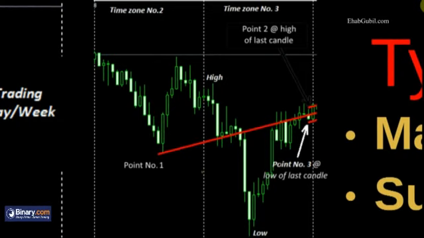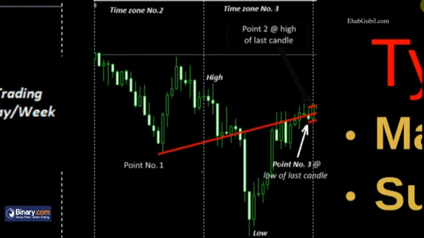It means when we find that the high pivot occurred first in time zone number 3, we will put point number 1 of the PF on the low pivot point in time zone number 2. And if we find the low was first in time zone number 3, we will put point number 1 of the PF on the high pivot point of time zone number 2.